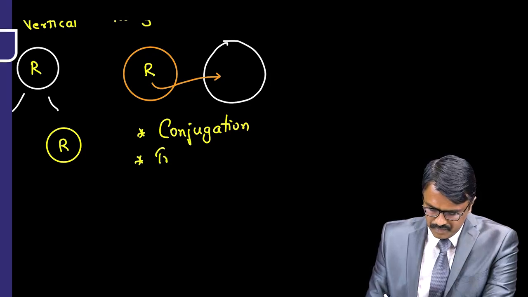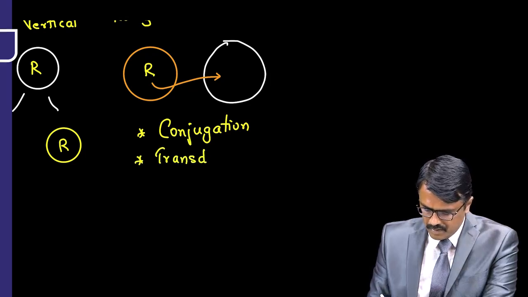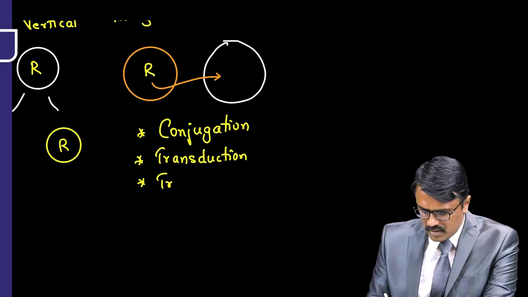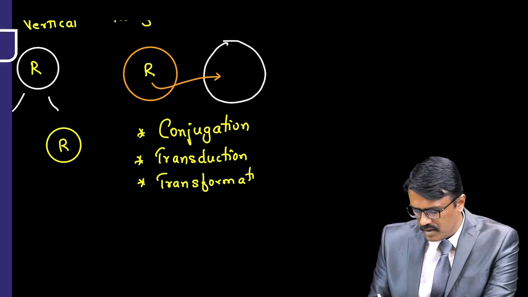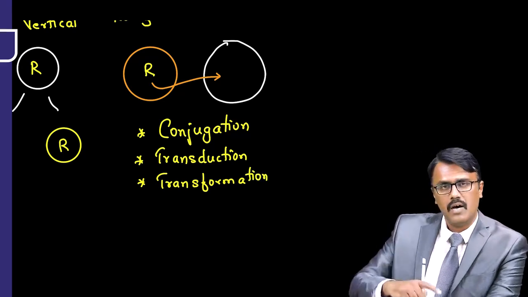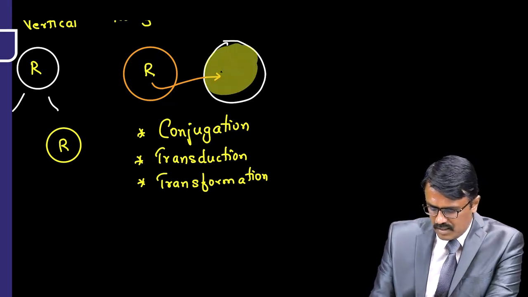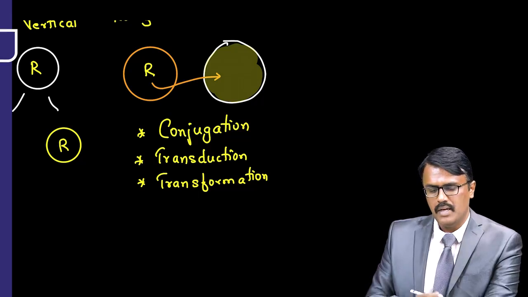Second is transduction, and then one more process is called transformation. These are the different mechanisms by which the gene gets transferred and the nearby bacteria also become resistant. That is called horizontal transfer.